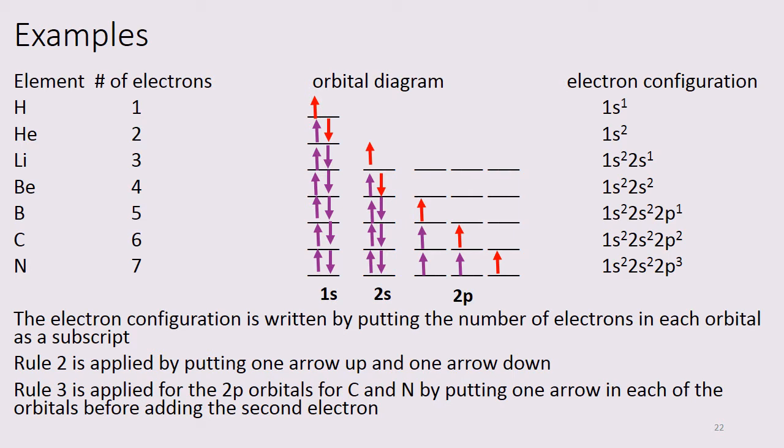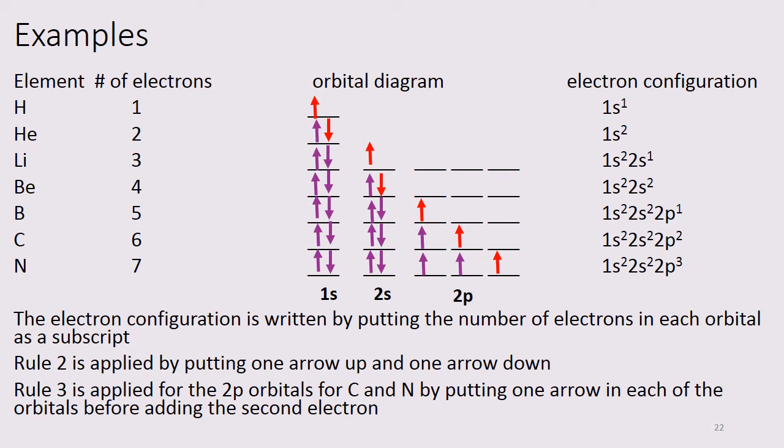So that's why we put that second arrow on the second line rather than pairing up the first arrow. And then nitrogen, the 7th electron will go on the 3rd line, so you can see that.